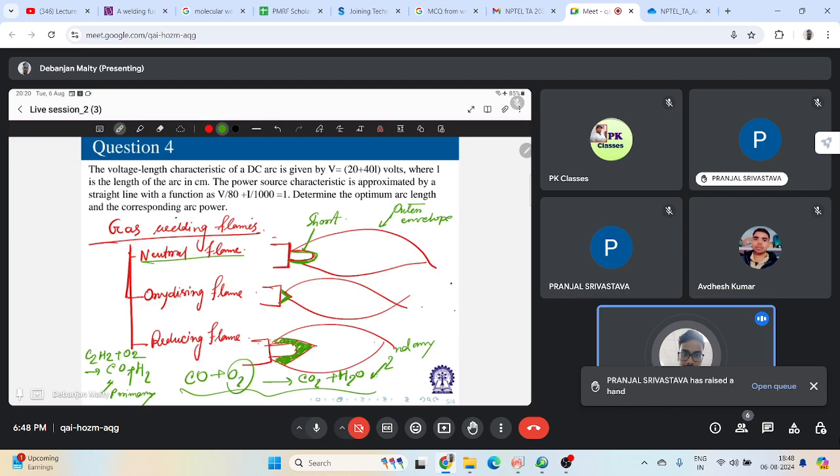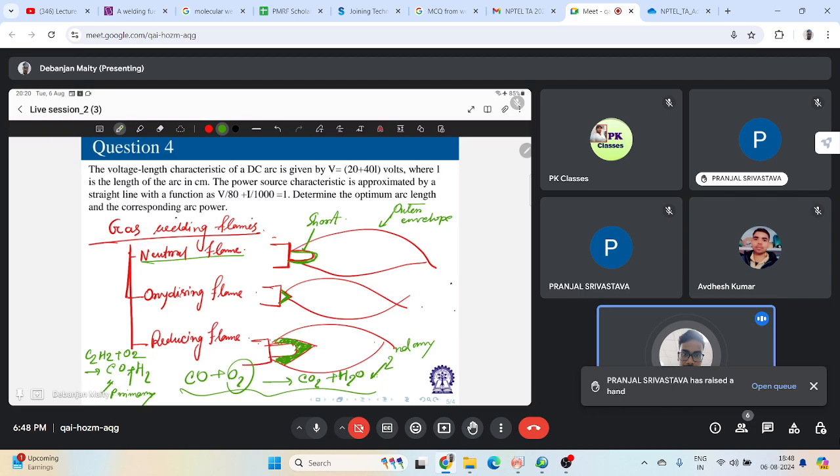Okay. So let me just draw some schematic. This is my electrode. This is my arc. This is electrode. This is workpiece.